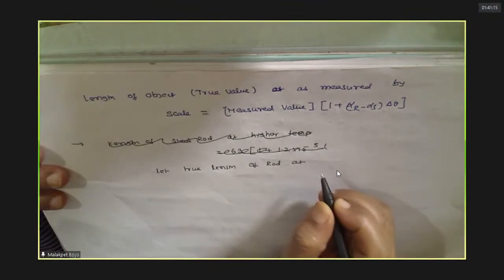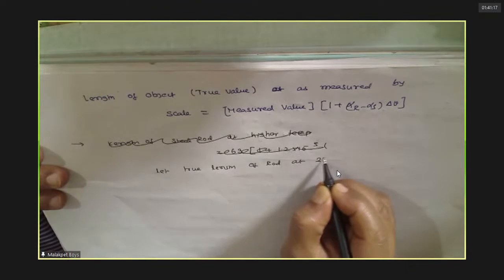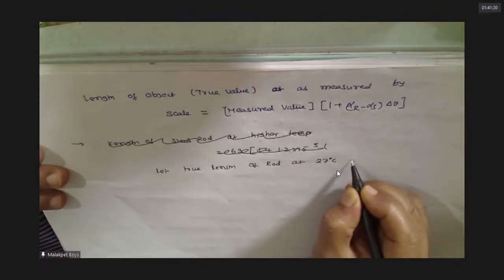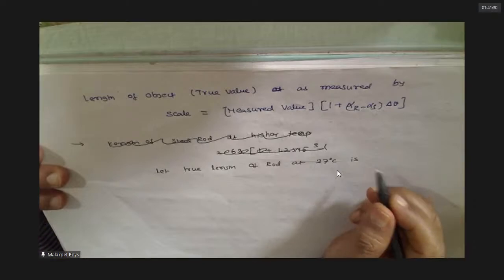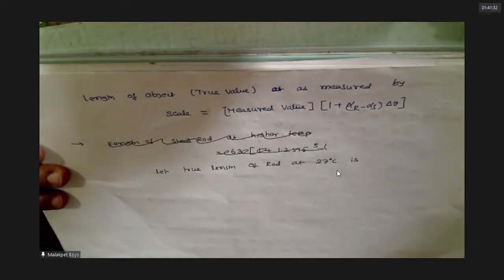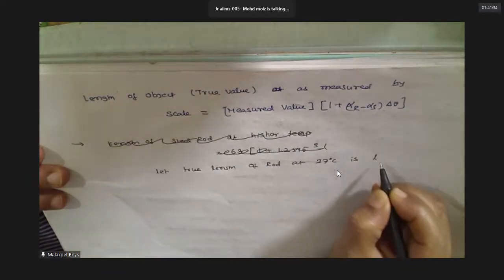What is the calibration temperature? 27 degrees Celsius. He is asking what is the steel length on that day? Sir, length of a rod at higher temperature is 63.